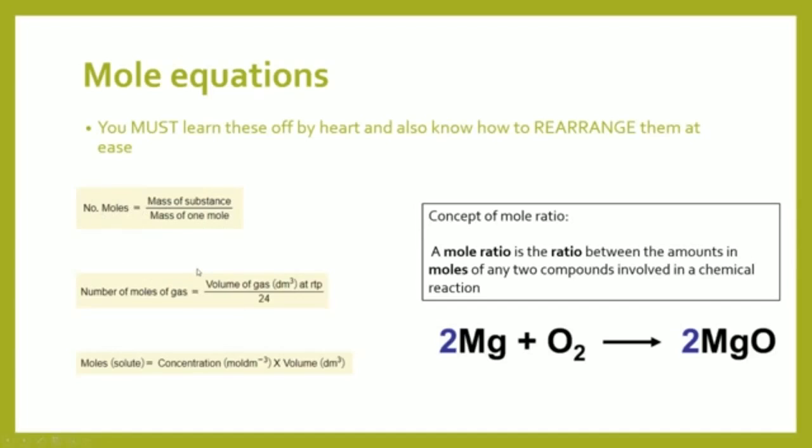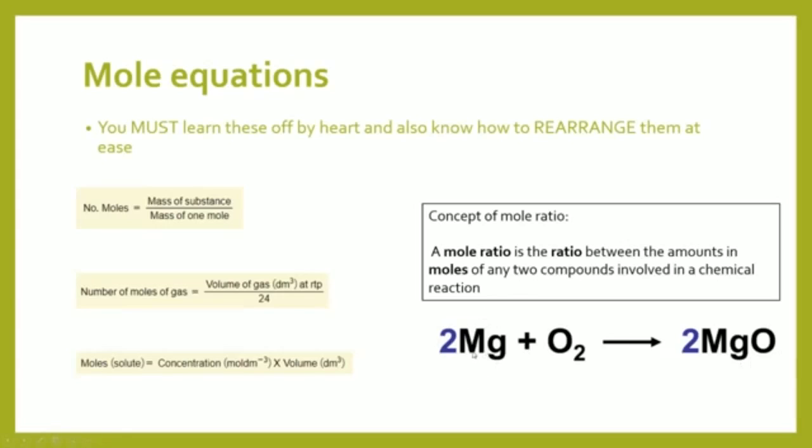Also, you do need to know the concept of mole ratios. We briefly touched on this before, but a mole ratio is the ratio between the amounts in moles of any 2 compounds involved in a chemical reaction. So if we take a look at 2 separate substances here, for example, magnesium and magnesium oxide.